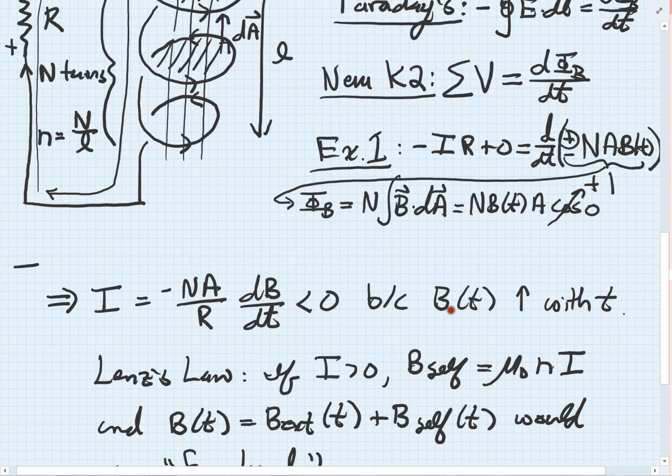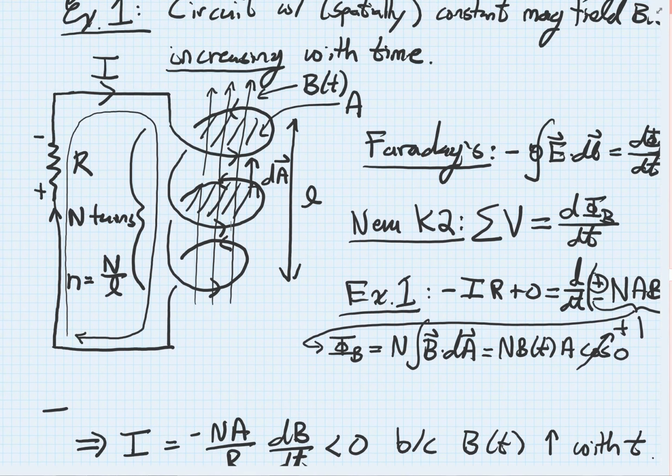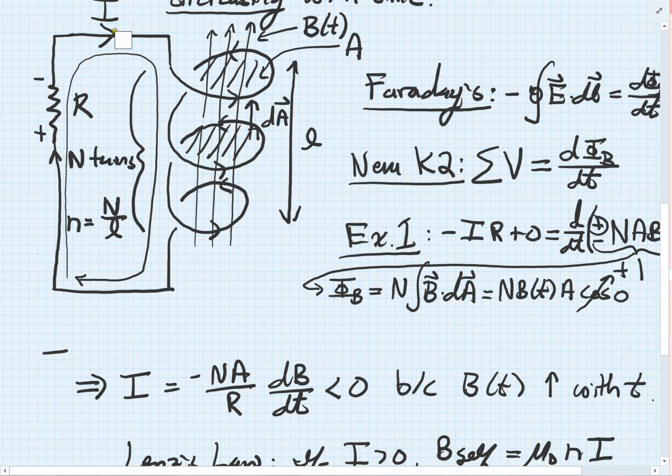After all, Lenz's law tells us this induced current has to be such that it tends to decrease the flux through the loop. It has to oppose this increasing magnetic field. But if the current actually flowed in the indicated direction, then by the second right-hand rule, the magnetic field that this current itself would induce would also be in the upward direction.